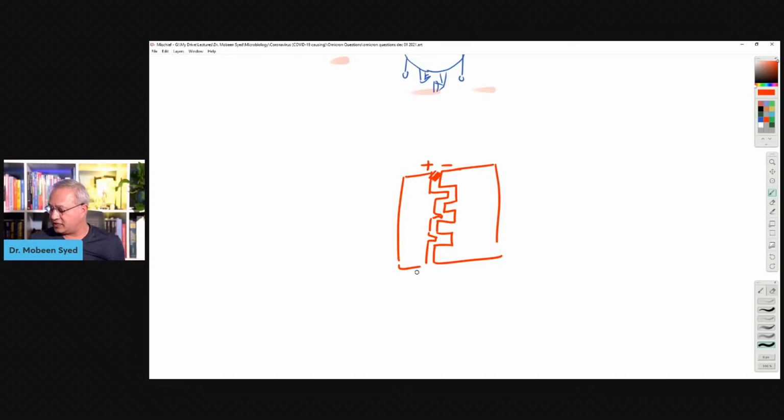This could be a negative here and a negative here at this point, and you may say that this area would be repelling each other. Now imagine there is another competing molecule that has a positive here, which would allow them to be attracted at that point too.